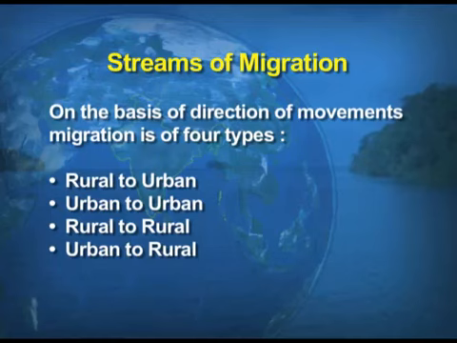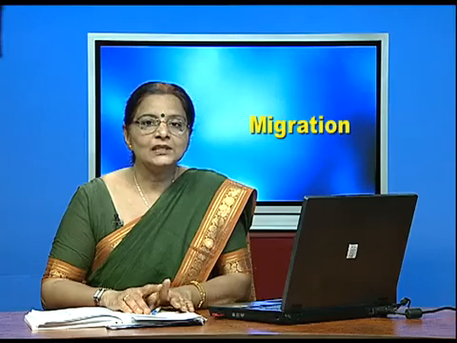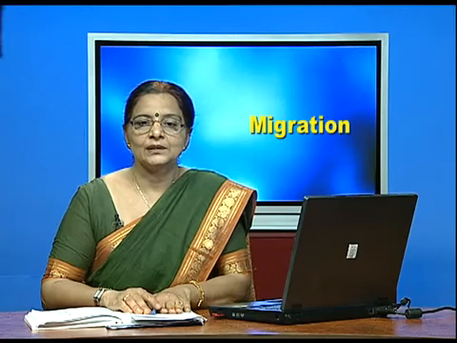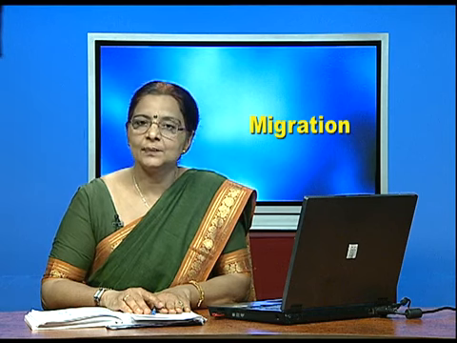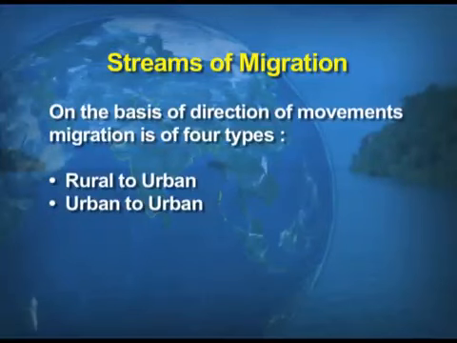Now, a very interesting aspect of migration is the streams of migration. On the basis of the direction of movement, migration is of 4 types. Now, listen carefully, children, what are these 4 types of migration? Number 1, when people migrate from rural area to urban area. Number 2, the migration of people from urban area to urban area.